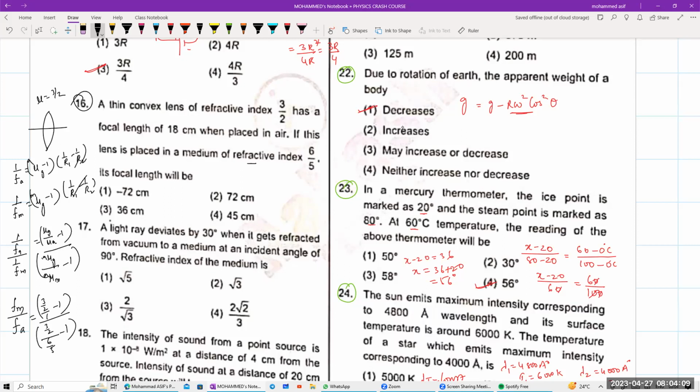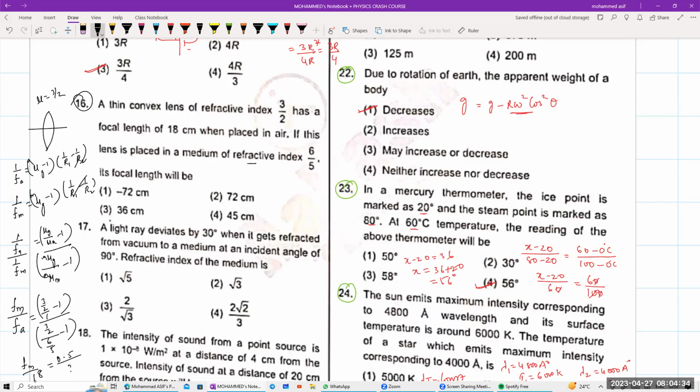Simplify this. Focal length in air is given as 18, so focal length in the medium divided by 18 is equal to 3/2 minus 1, which is 1.5 minus 1, that is 0.5, divided by whatever comes from this. Simplify it and we'll get the focal length of the medium. This is a direct question.